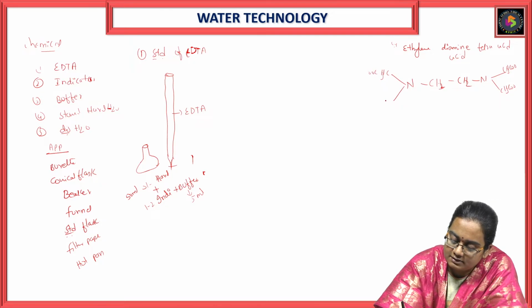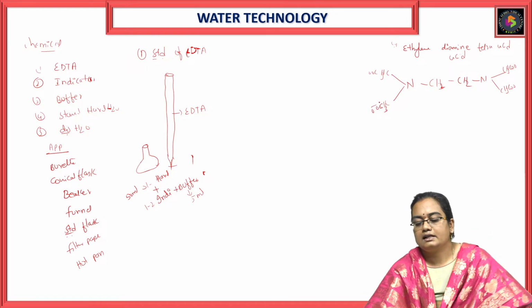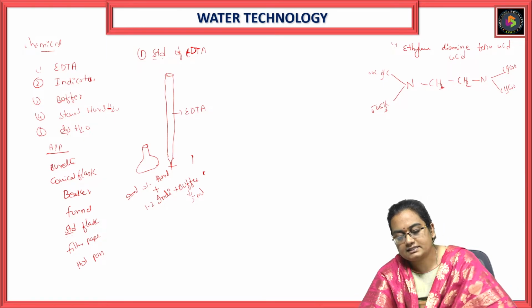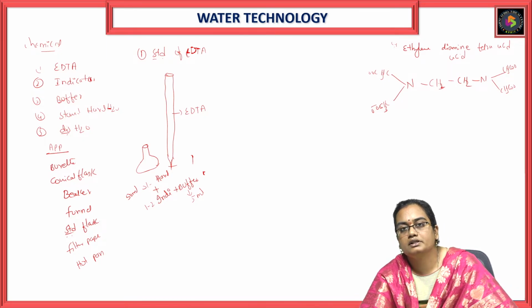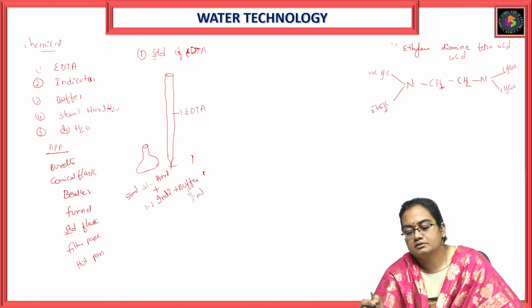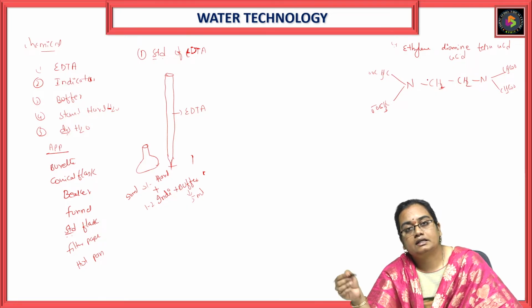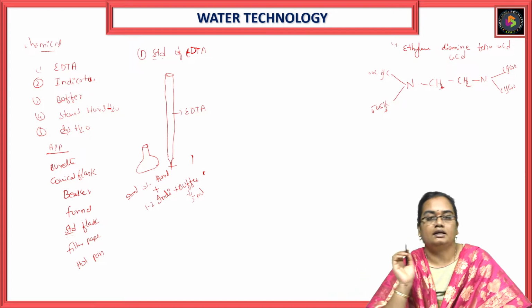Amine means in the place of hydrogen of ammonia NH3 we have some other group. So we have 2 acetates on each nitrogen and a CH2 link. Ethylene diamine tetraacetic acid, or tetraacetate. This is about your EDTA.